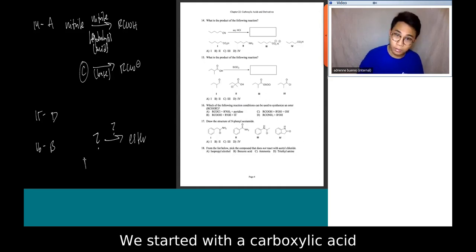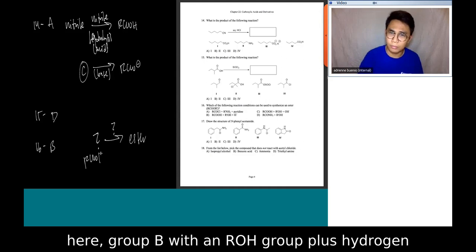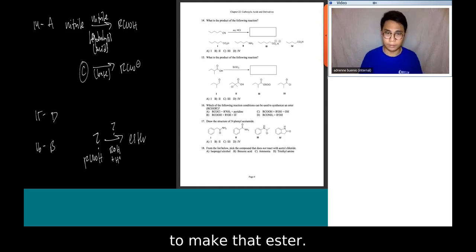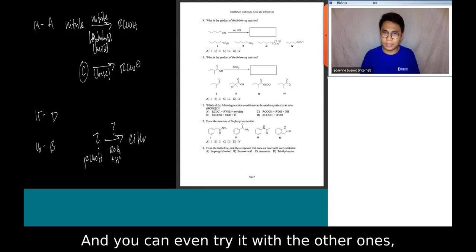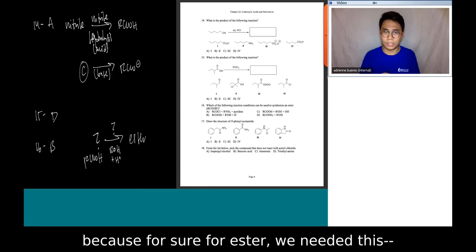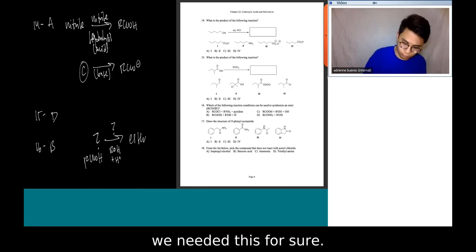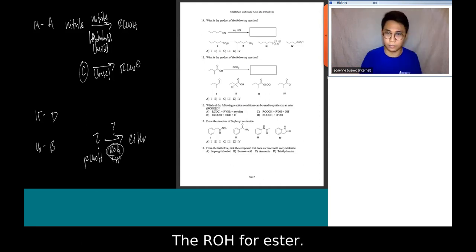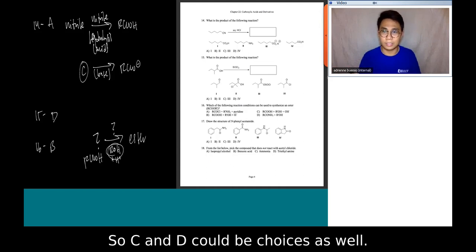We started with a carboxylic acid here for B with an ROH group plus hydrogen to make that ester. So nothing crazy. And you can even try with the other ones, because for sure for an ester we needed the ROH. So C and D could be choices as well.